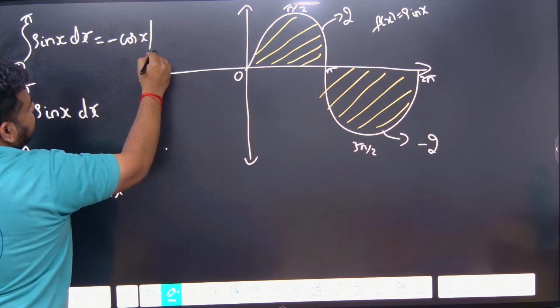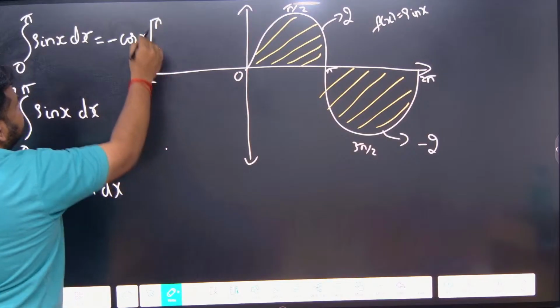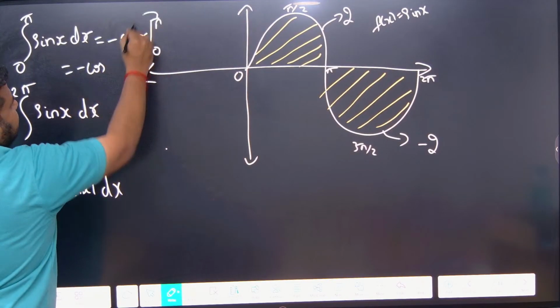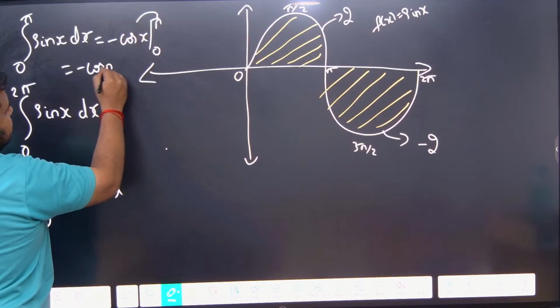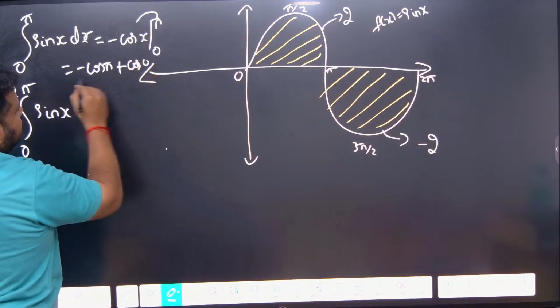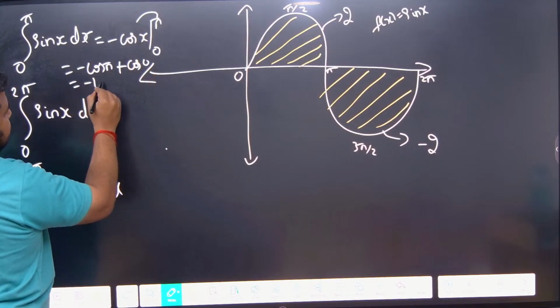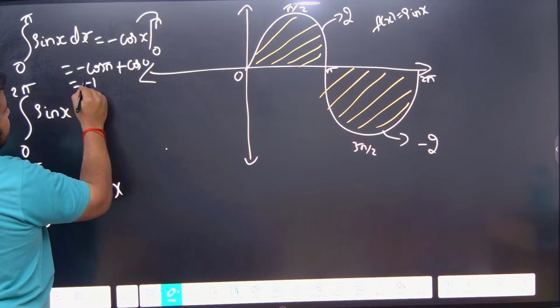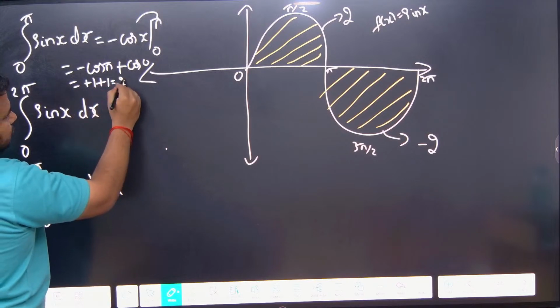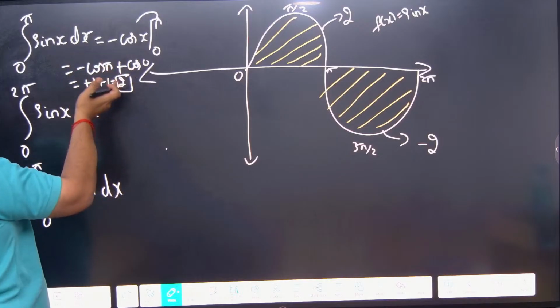Let us apply the limits 0 and pi. This becomes minus cos pi, and minus into minus becomes plus cos 0. Cos pi is minus 1, with the minus already there, minus into minus is plus 1. Cos 0 is 1. So the answer will be 2.